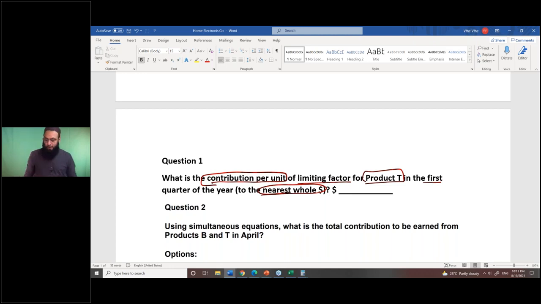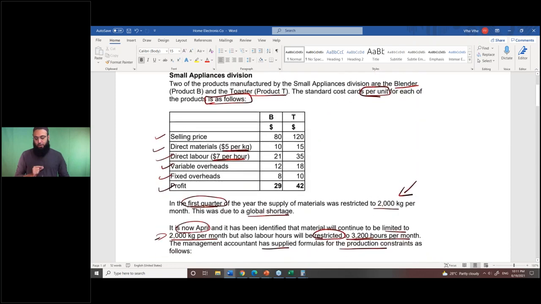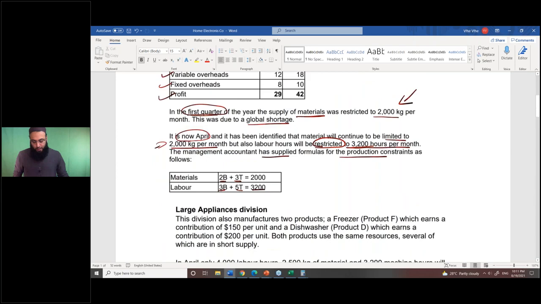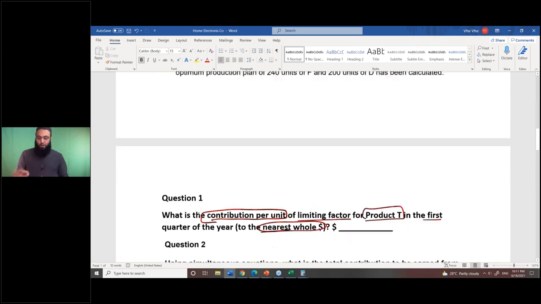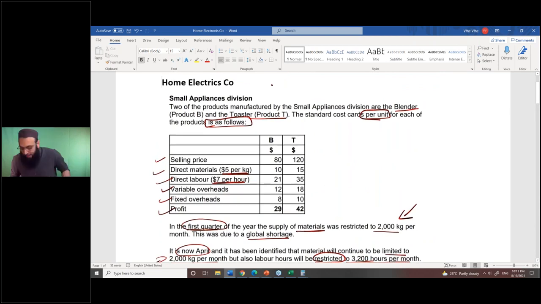Now, in the first quarter, do remember, the limiting factor was material only. So what do they need us to work out? They are asking us to work out the contribution per limiting factor. Just keep this in your mind. It's not a very difficult working, to be honest.